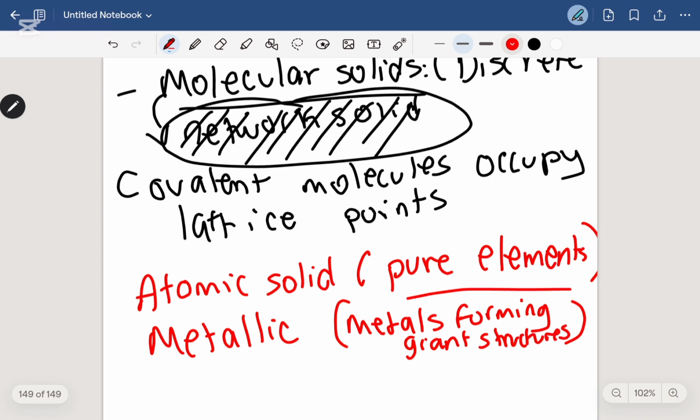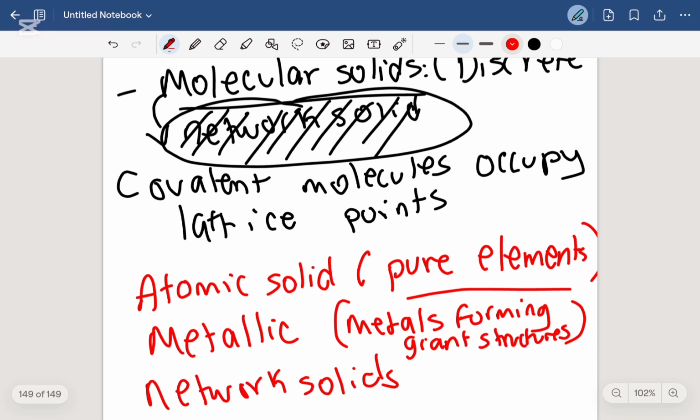Okay, and now we move on to the network solids. What about the network solids? Network solids form uniform lattices, okay? But these lattices are special types of lattices. Or, in another sense, network solids are lattices that are covalently bonded in continuous extended 3D networks, okay?